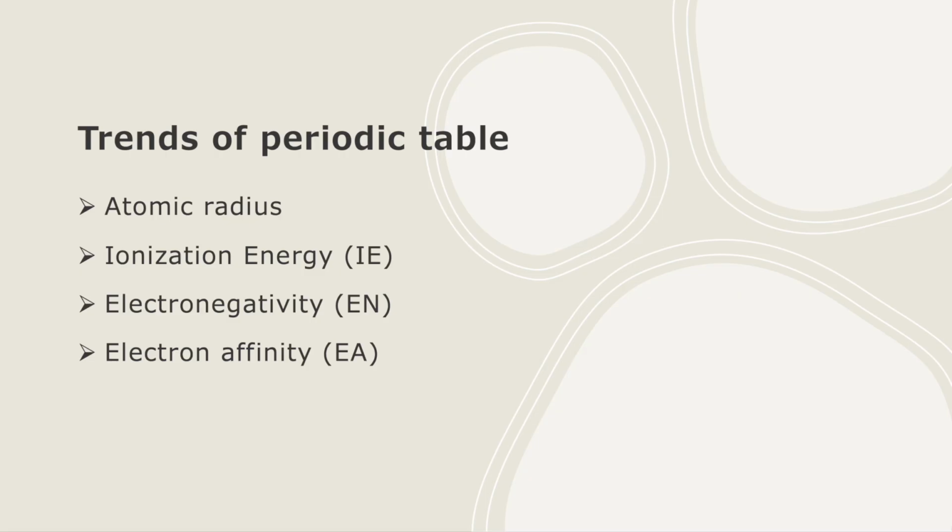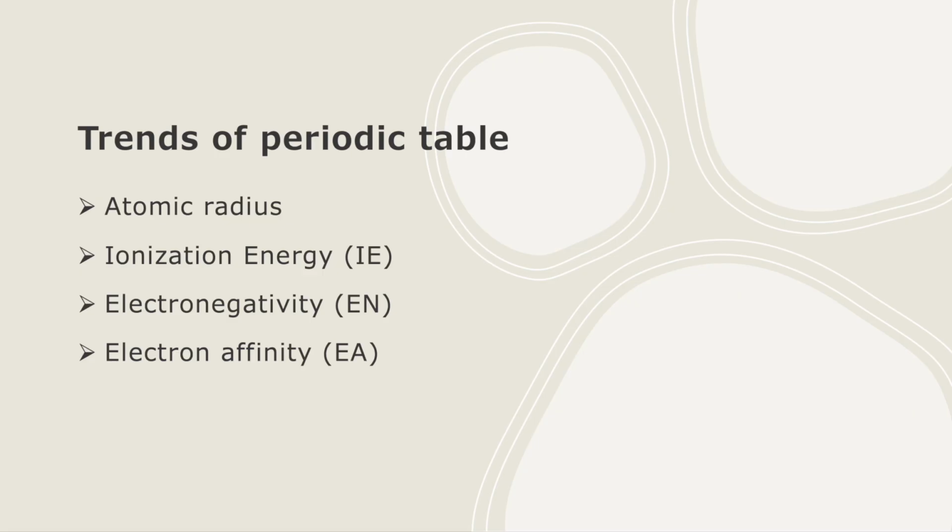The reason for decreasing in a group from top to down is because of increase in atomic size and shielding effects. And for a period from left to right, it's because of higher nuclear charge and smaller atomic radius.